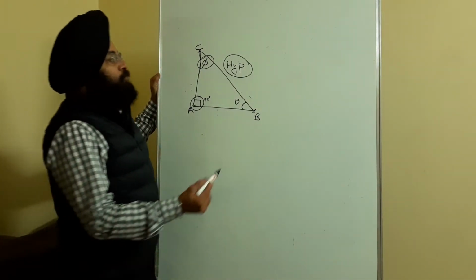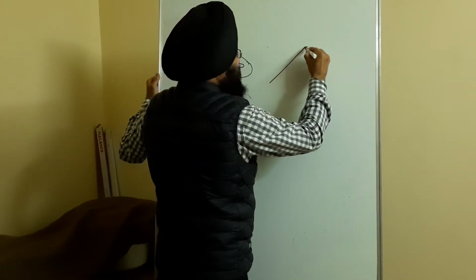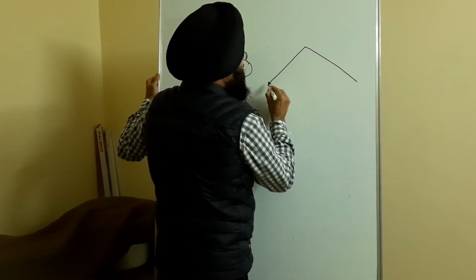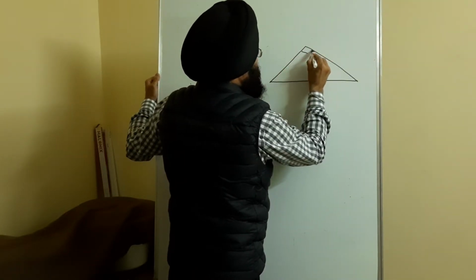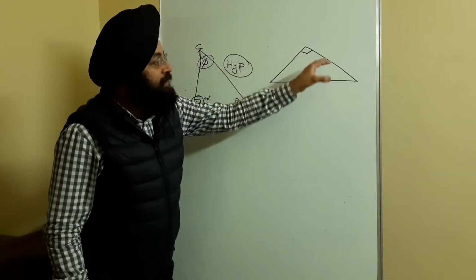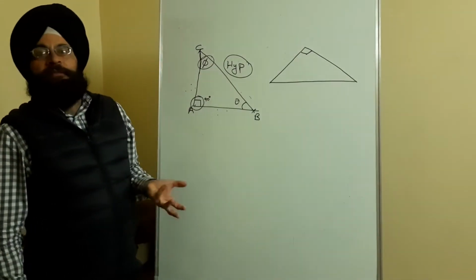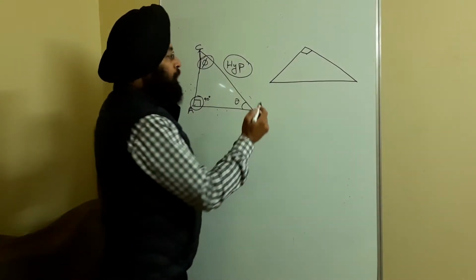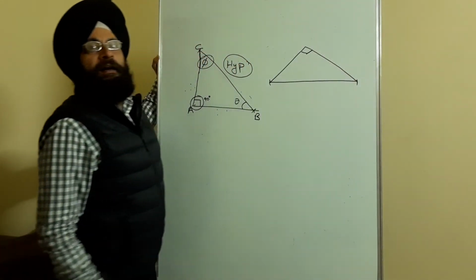Secondly, sometimes a right angle triangle may be drawn in a different orientation like this. There also, students sometimes get confused about which side is the hypotenuse. Whatever the orientation may be, it is a thumb rule that the longest side will be the hypotenuse.